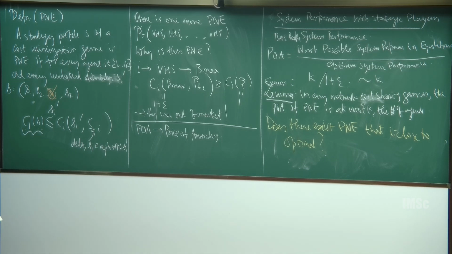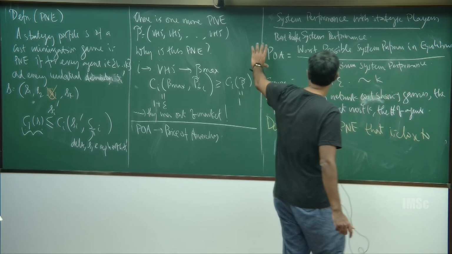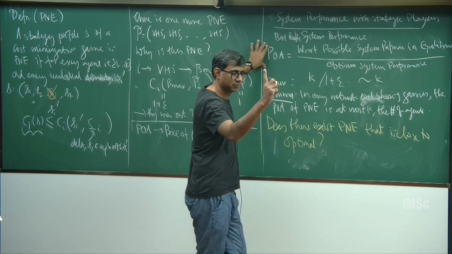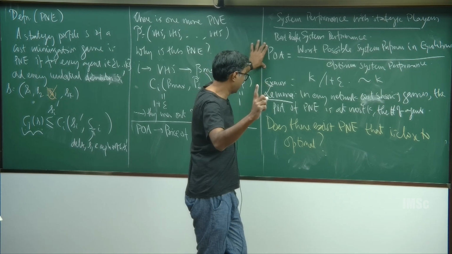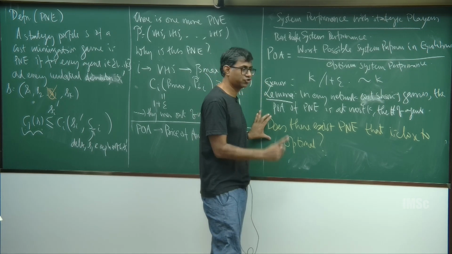In this example it just happens that the P1 to Pk which optimize this cost happen to be a pure Nash equilibrium. In this example, cost of P is 1 plus epsilon and we know it's a PNE, right? So, in that sense, at least for this example, POA is 1.